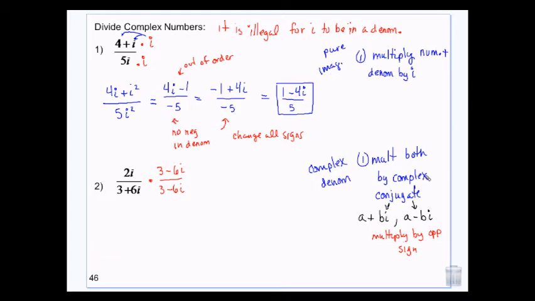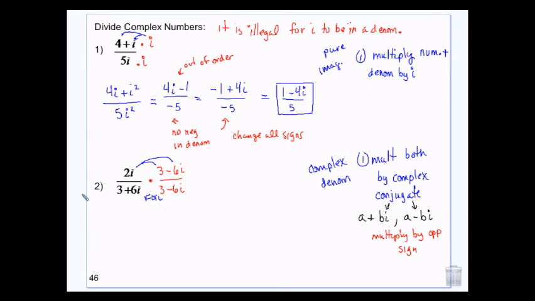Okay, why do I do that? Because when I FOIL these, when I do the first, I get 9, and then I do outside, I get negative 18i. I do inside and I get positive 18i, and those cancel each other out. So those middle terms will cancel. So I'm going to distribute the numerator, and I'm going to FOIL the denominator.